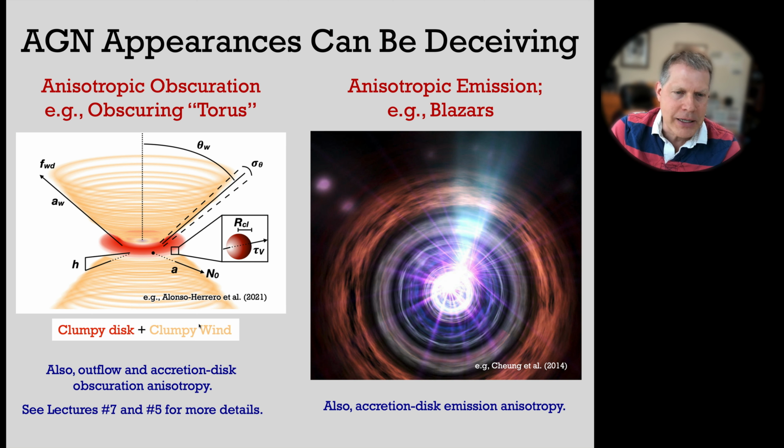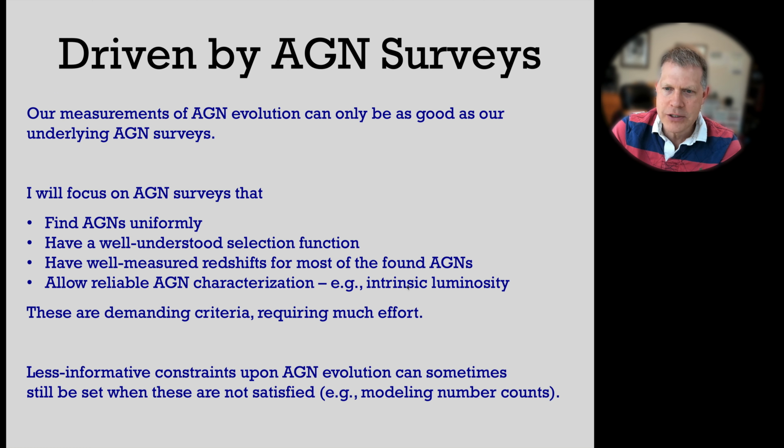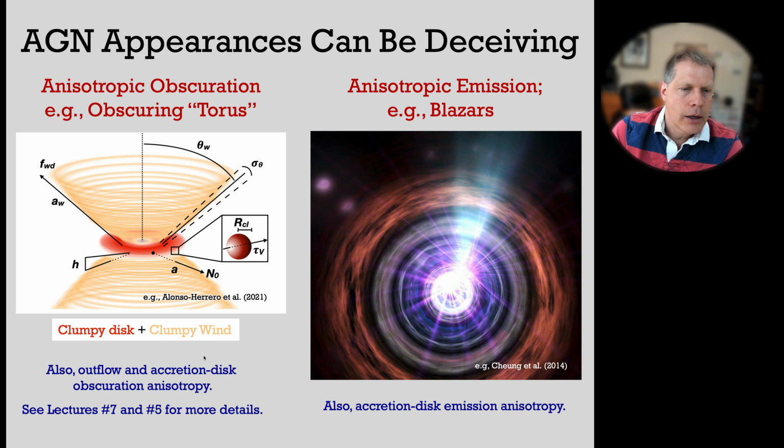It's likely a clumpy disk and a clumpy wind. Again, you can learn about that in lectures 5 and 7 of this series. But anisotropic obscuration can strongly affect the appearance of an AGN, and you have to correct for that obscuration before you can measure the intrinsic luminosity of an AGN.